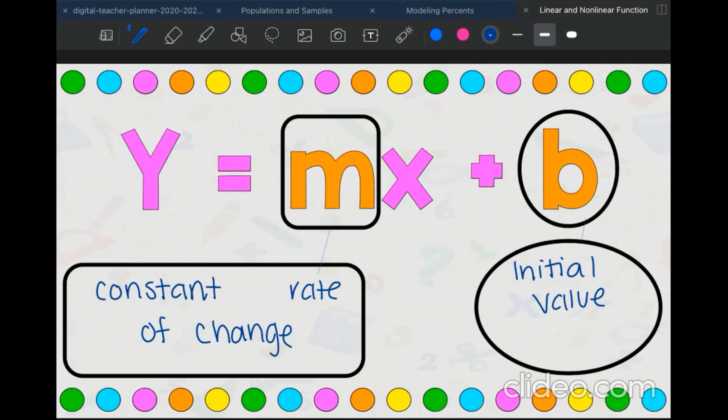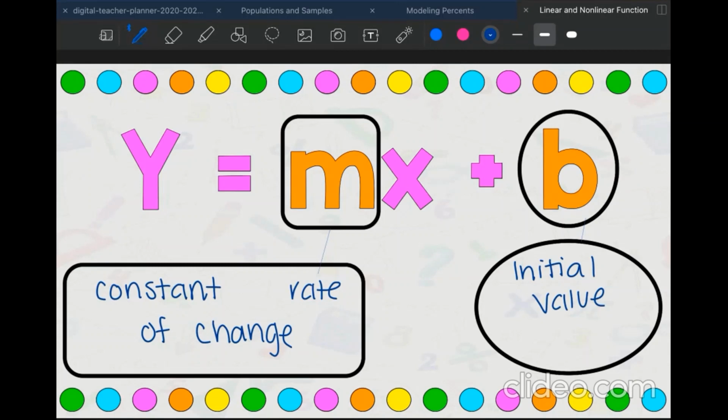Monograms are your initials. My initials are the beginning letters of my name. That's how initial value and y-intercept are similar.